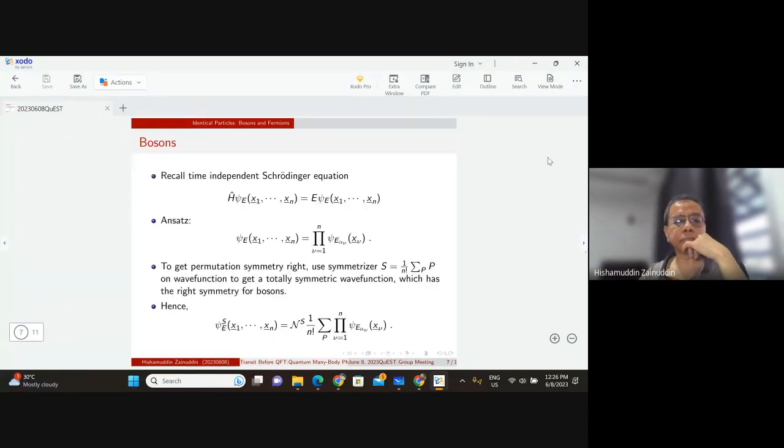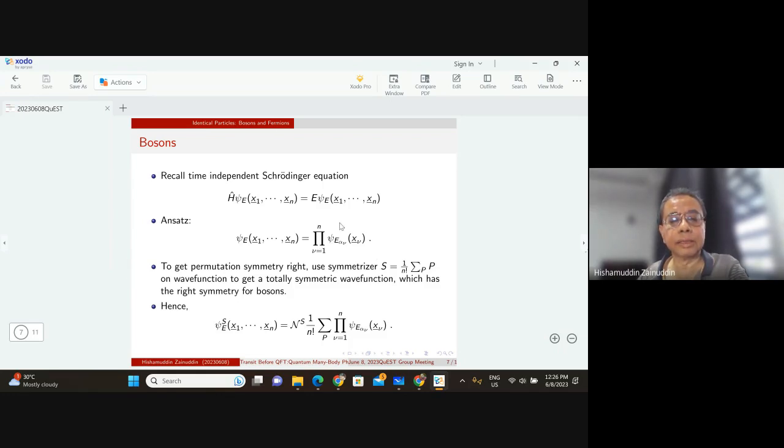So how do you build, say, a totally symmetric wave function? First you probably want to simplify this wave function into some kind of product of single particle wave functions.